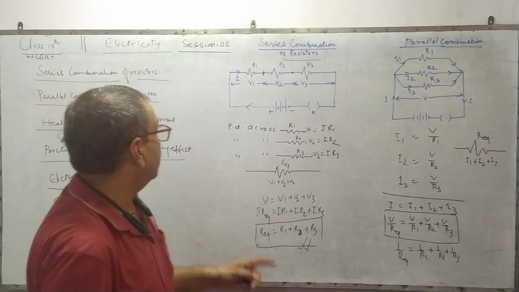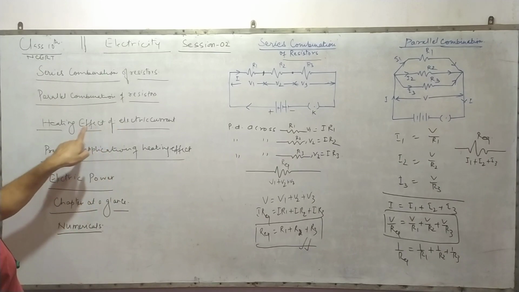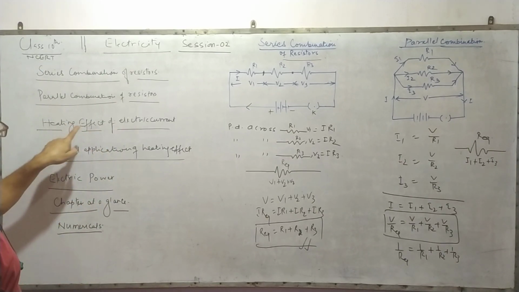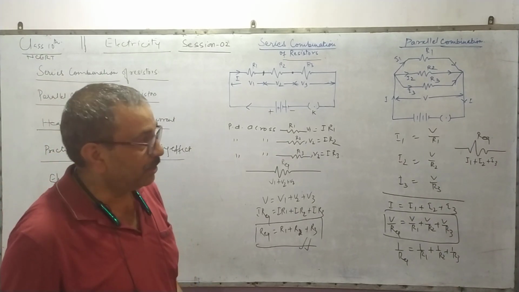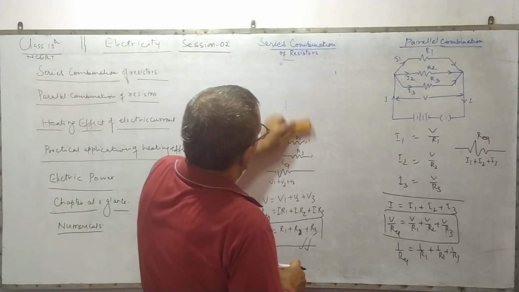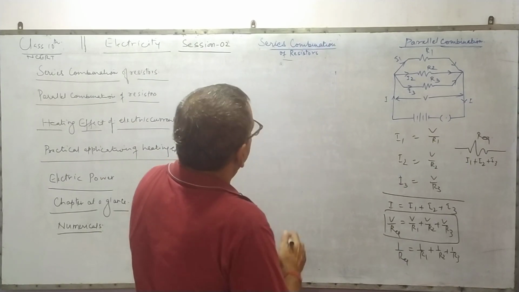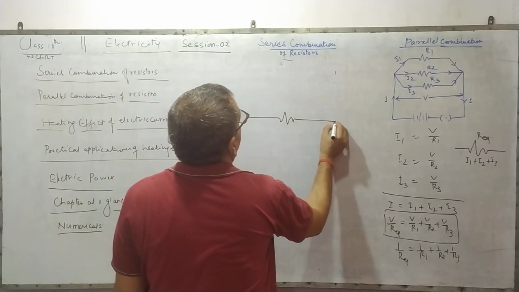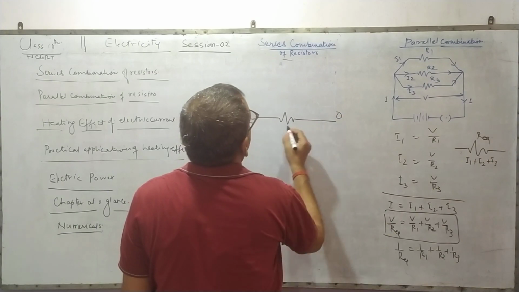Next one, you have seen this is the heating effect of electric current. How is heat produced in a resistor? You may see here, suppose this is a resistance. This is potential difference V and 0.